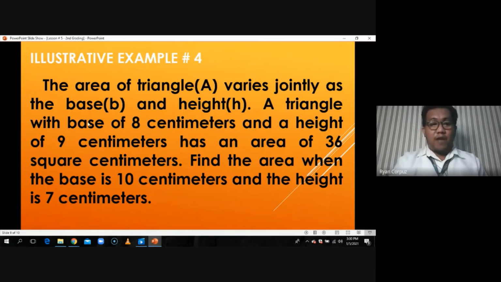And this complete value here, the 8 centimeters of base and 9 centimeters of height and an area of 36, is to be used for us to find the value of K. And again, since we do have a representation of the quantities involved in the problem, pwede natin gamitin yon para mas matiyak natin yung statement of variation na gagamitin natin. So it can be A varies jointly as B and H. So, by the way, this problem is about joint variation. So, let's start solving for that problem.